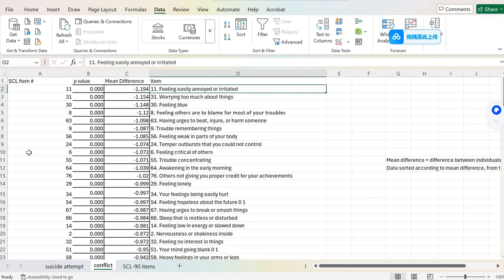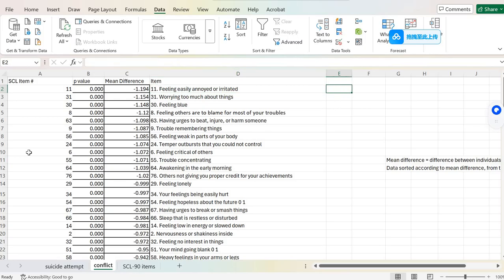Number 1, the most different, feeling easily annoyed or irritated. I'm annoyed easily, I get irritated easily. By whom? By other people. Usually this means that other people bother me. I feel bothered by other people, and that's related to interpersonal hostility.